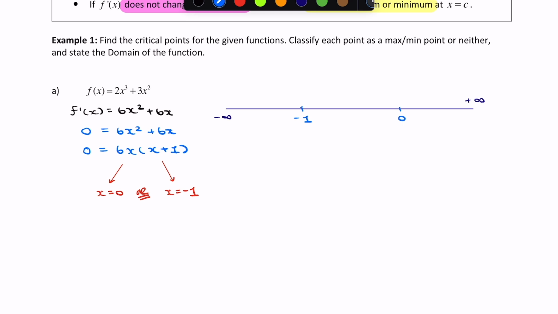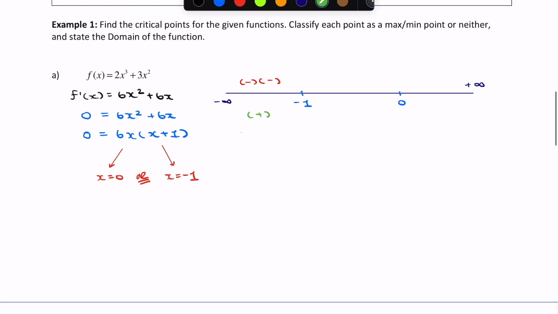First we find a point that is less than -1. We can sub in -2, for example. Here, 6 times -2 gives a negative answer, and -2 plus 1 is still negative. Negative times negative gives us positive, and so here we see that it is increasing.